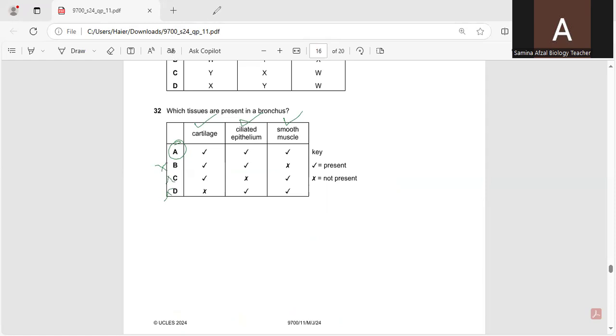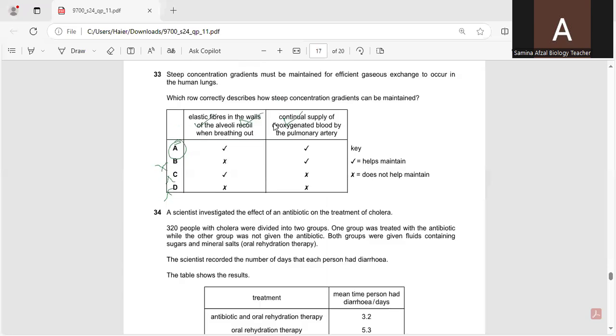Now we are moving towards question number 33. Question number 33 is, steep concentration gradients must be maintained for efficient gaseous exchange to occur in the human lungs. Which row correctly describes how steep concentration gradients can be maintained?